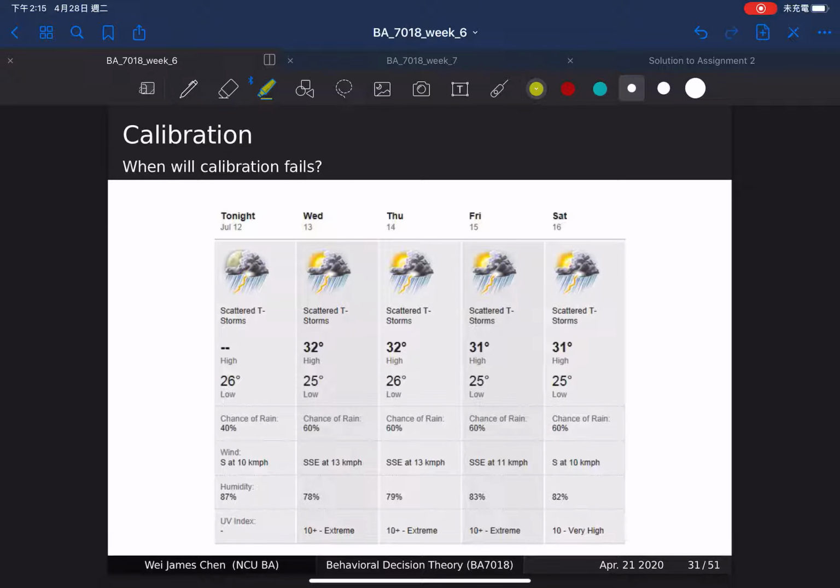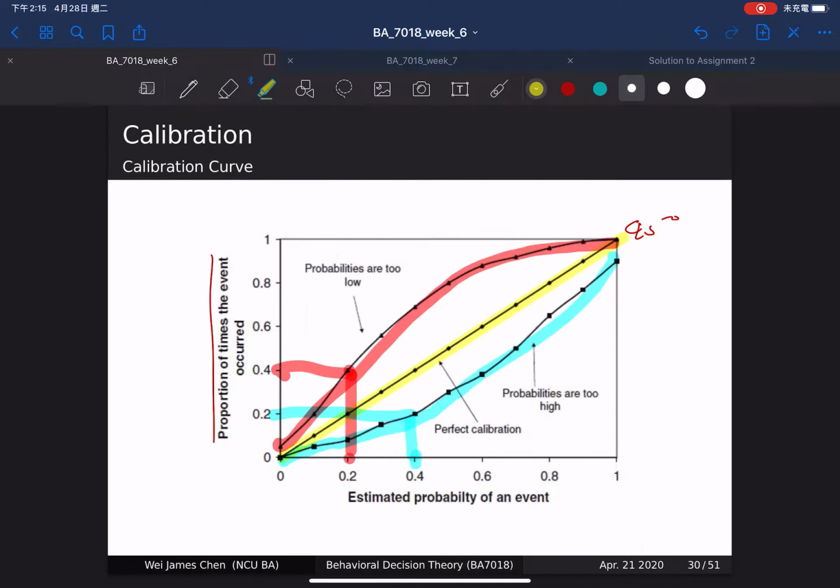But wait, this is actually a pretty important concept. Do people really understand what calibration is now? Yes? No? How do you estimate the perfect calibration?